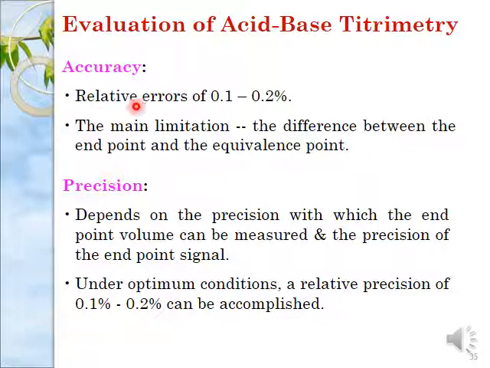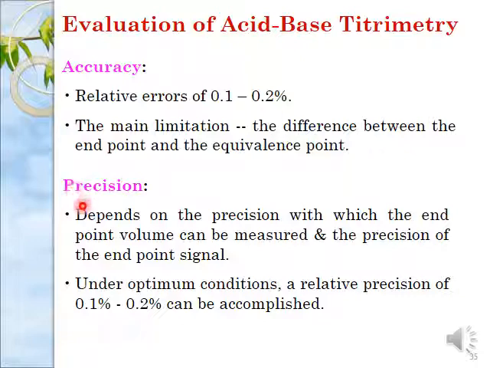In terms of accuracy, we can say acid-base titration is quite accurate because the relative error is only 0.1 to 0.2%. The only limitation is the difference between endpoint and equivalence point, which is due to determinate error that we normally cannot avoid. In terms of precision, we can also say acid-base titration is quite precise.